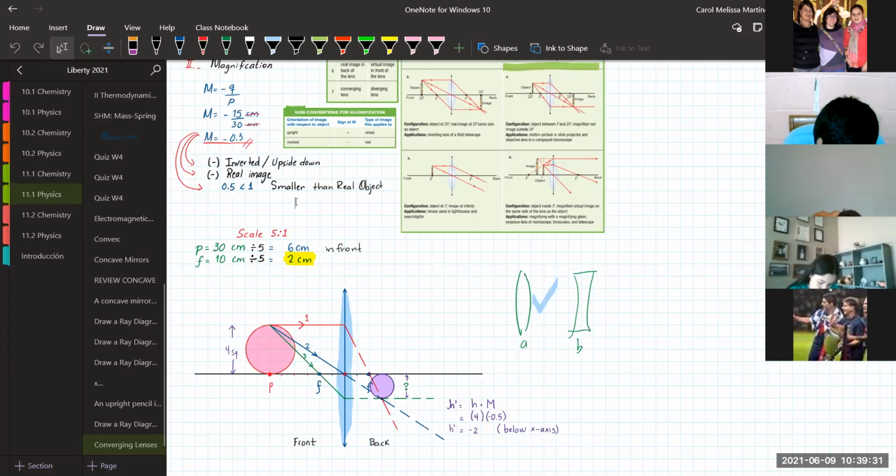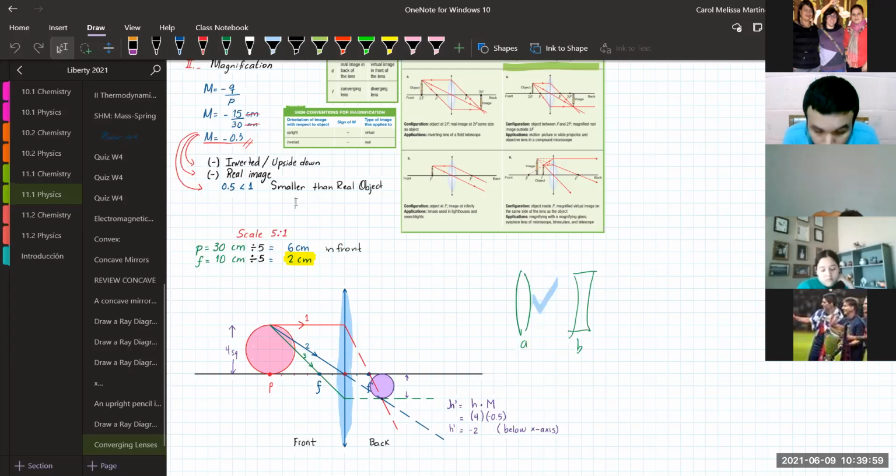So yes, it makes sense. With this analysis that we did, we conclude that the procedure that we did was correct. Even though I didn't give you the size of the object or the image, in the end, that's something that you decide when you are doing the sketch.